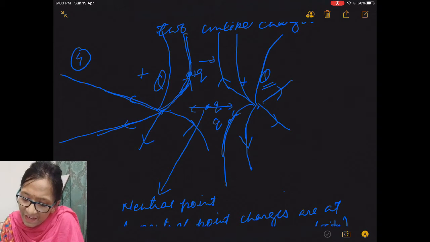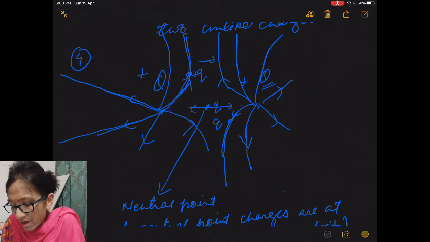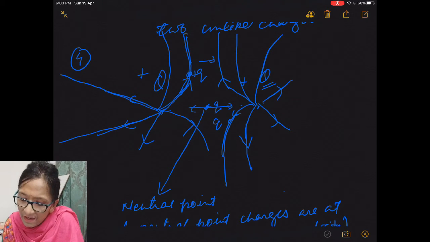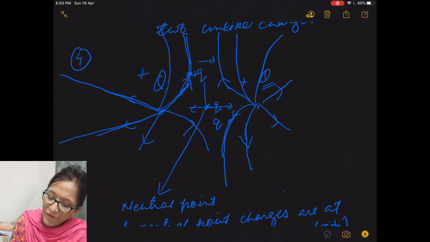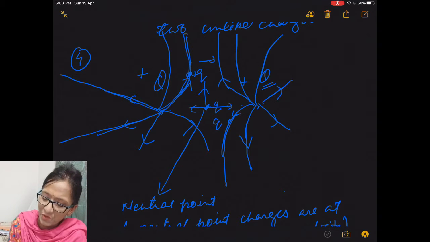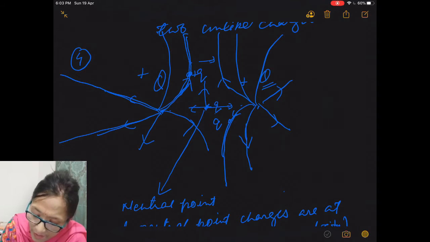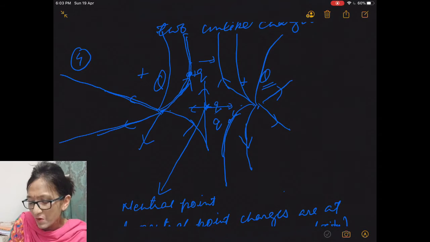So we see that there is a positive charge. So like charges will repel each other. So it will be again acted upon by a repulsive force, and this will restore its position. So in two directions we find that the position is restored, but the same charge when starts moving along perpendicular direction, there is nothing there which can restore its position.